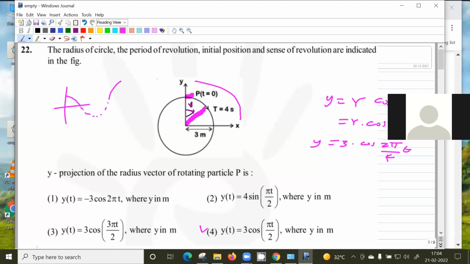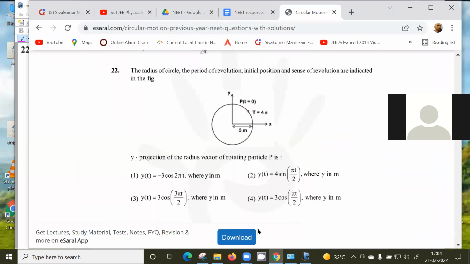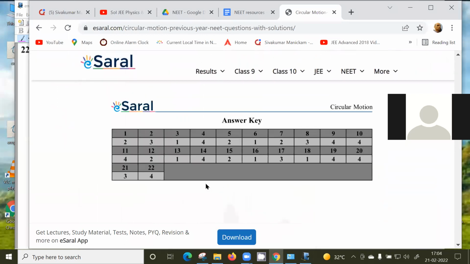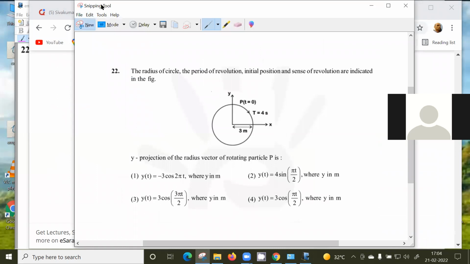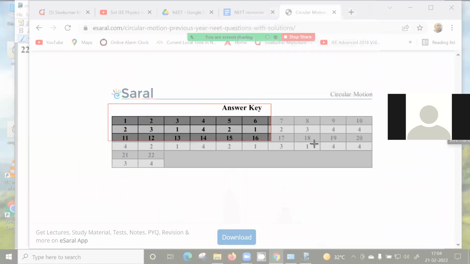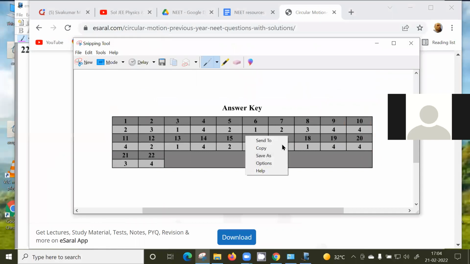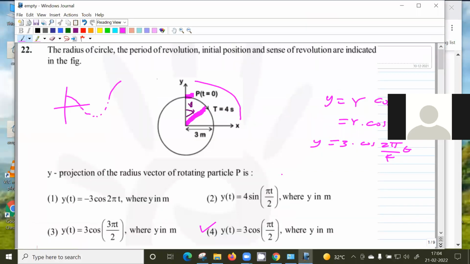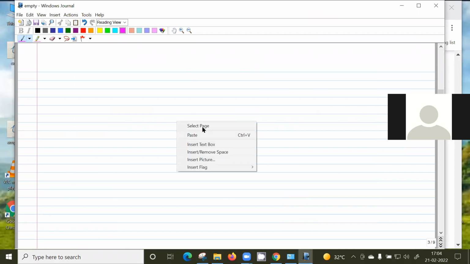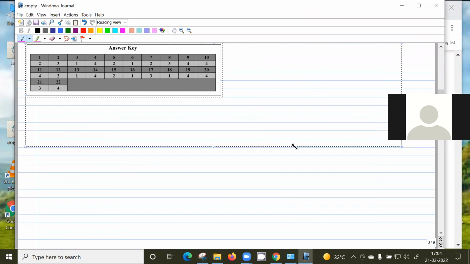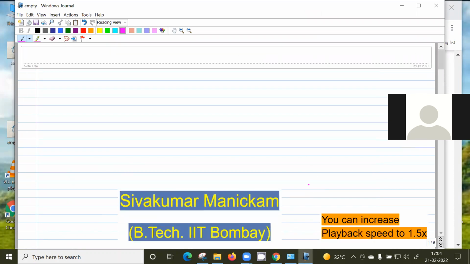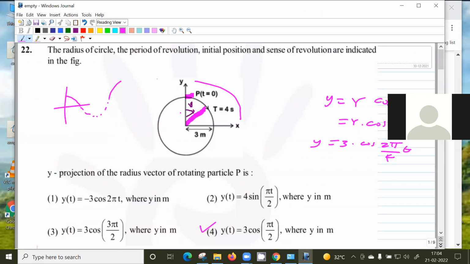So I think this is the one. Right? Is it clear?